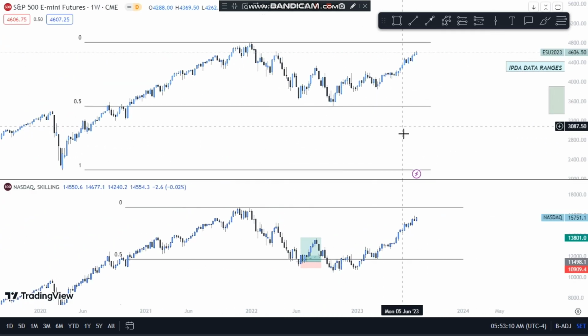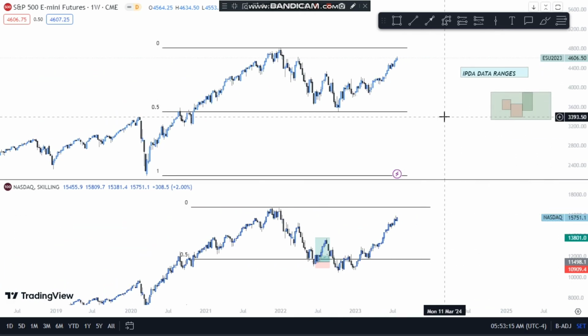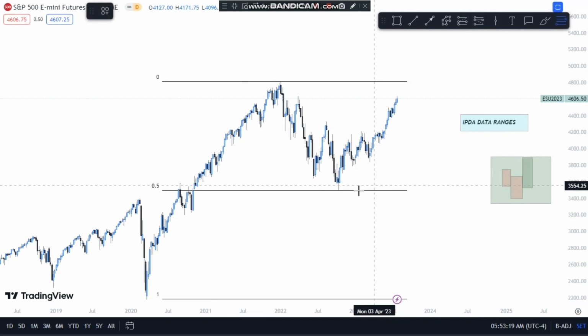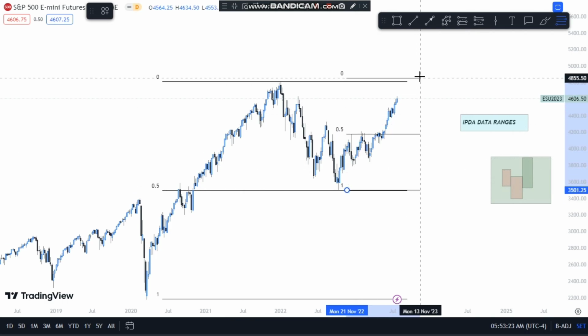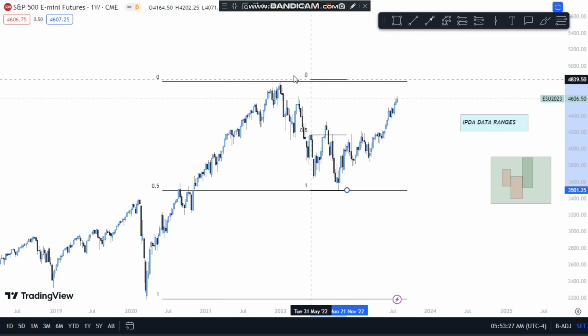Now what we will do is we will draw another line. So this was the 0.5 fib level. Now we will draw a line from this 0.5 to this level, okay, to this top. Now let me change it. Okay.